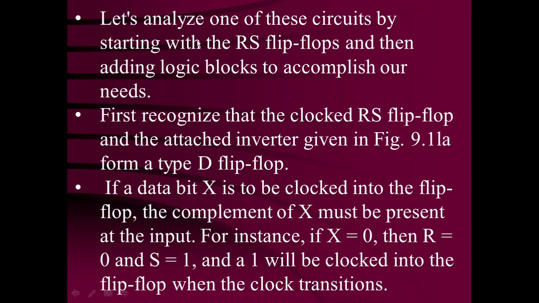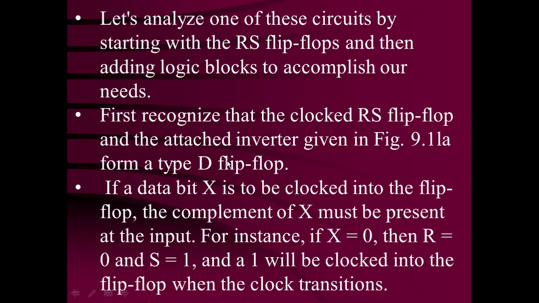Let's analyze one of these circuits by starting with the RS flip-flop and then adding logic blocks to accommodate our need. So this circuitry is there. Out of these circuits, one we are going to study right now. First, recognize that the clocked RS flip-flop and inverter given in figure 9.11a form a type of D flip-flop.